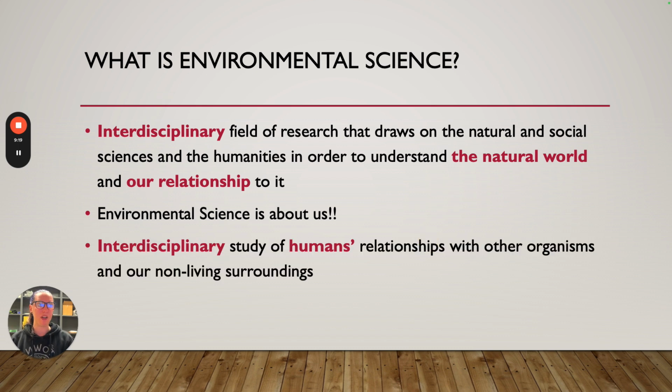And of course, there's another definition, which a colleague of mine prefers: it's an interdisciplinary study of humans' relationships with other organisms and our non-living surroundings, right? That can be buildings and building materials, anything within our anthrosphere and our relationships to them.